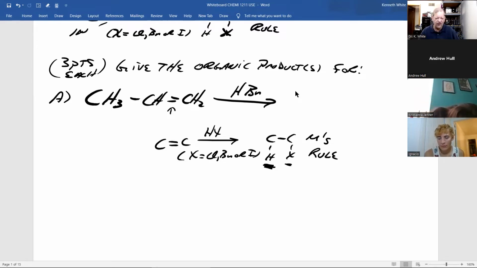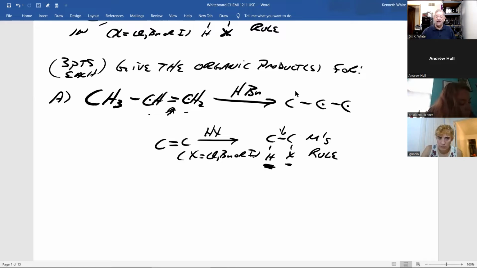So let's take a look at what the product is. Do you break carbon-carbon single bonds? No. So I'm going to have 3 carbons. Notice I break the pi bond, because that's what this shows you. Here are my 2 carbons of the double bond. Which of these 2 carbons has more hydrogens?